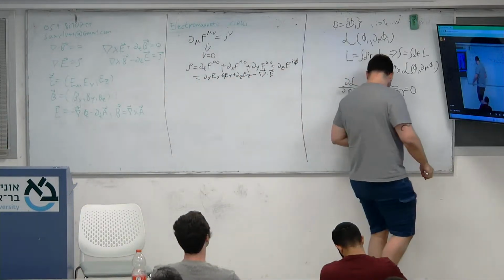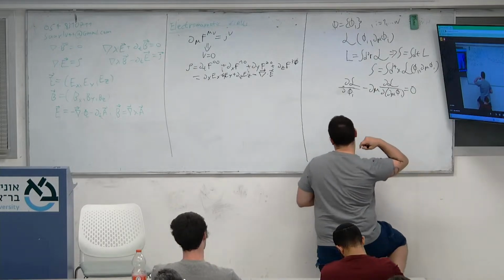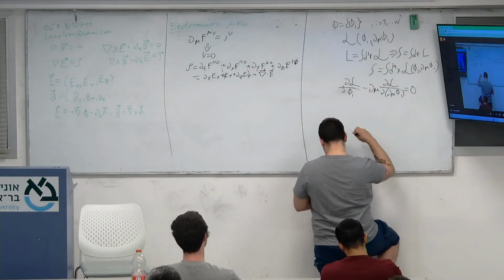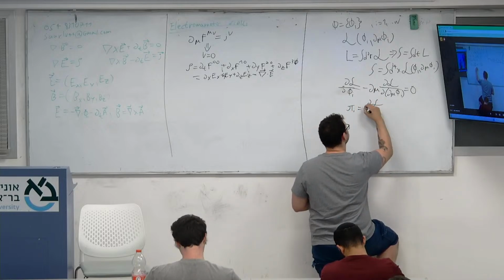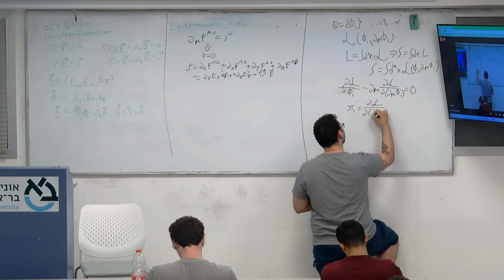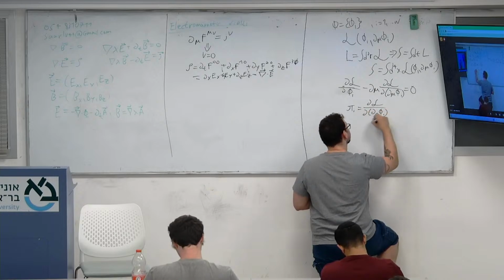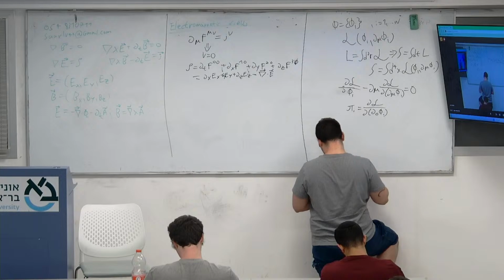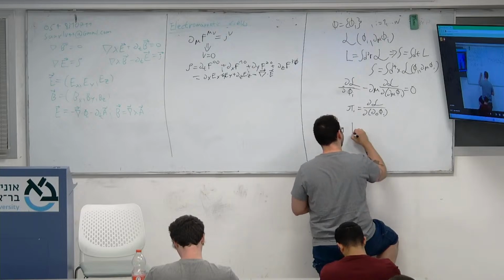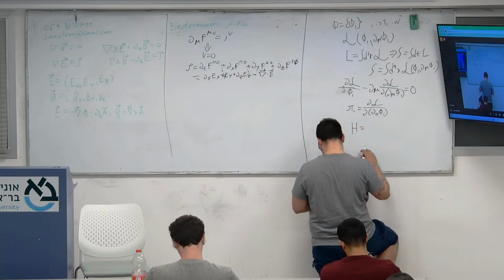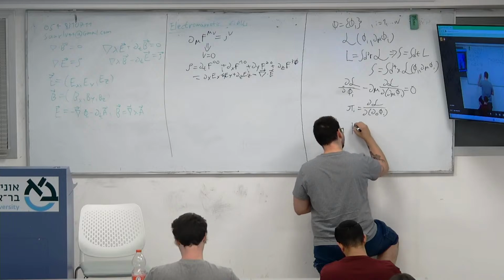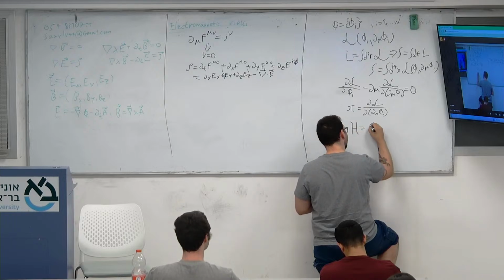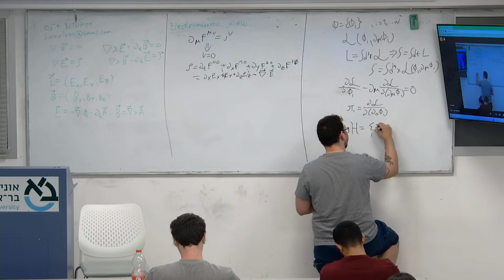Additionally, we can find the canonical momentum using the Lagrangian density, for i equals 1 to n, and use the canonical momentum to find the Hamiltonian. I'm sure I don't have to say it, but the canonical momentum has nothing to do with the actual momentum.